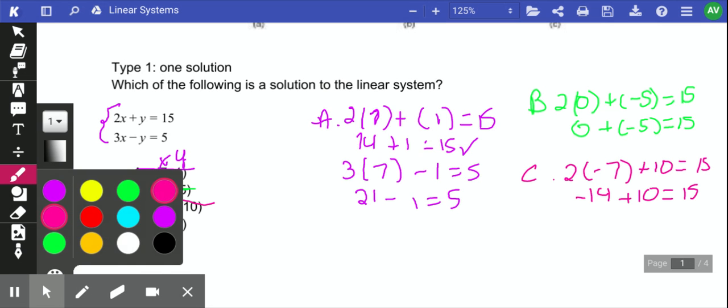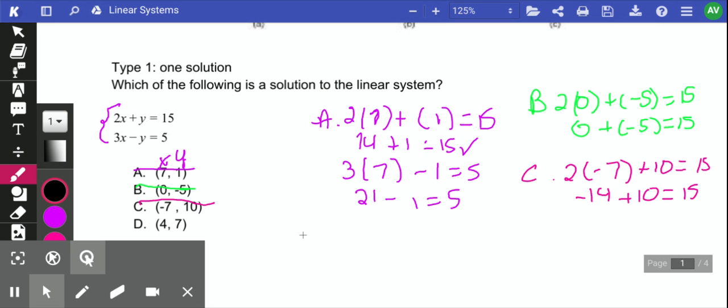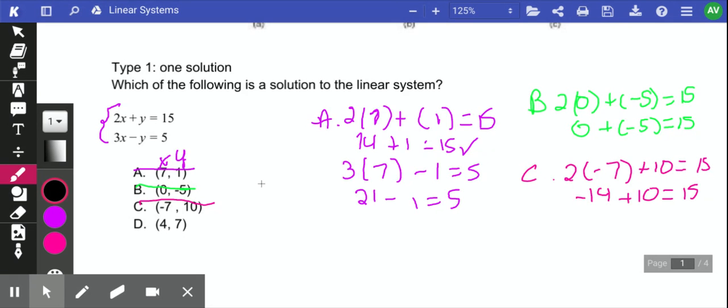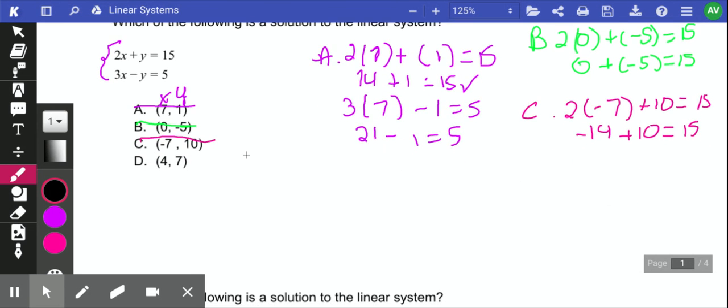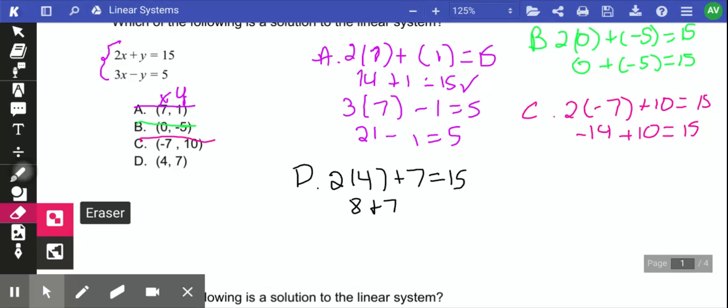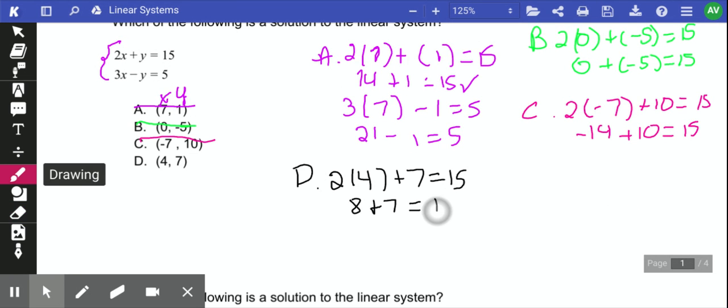It must be D then, right? So if you were doing this on a standardized test, I would tell you at this point, you don't even have to check D. You could just circle it. But since I wanted to make sure you see how these work, I'm going to plug it in for D. So for D, we have 2 times 4 plus 7 equals 15. 8 plus 7 equals 15.